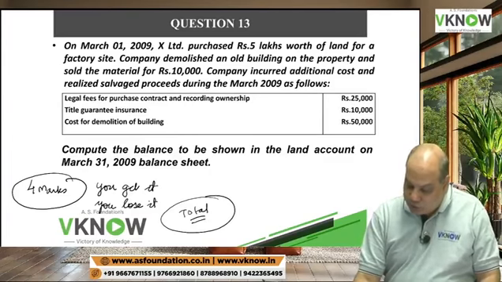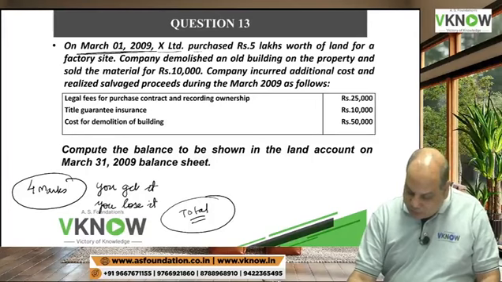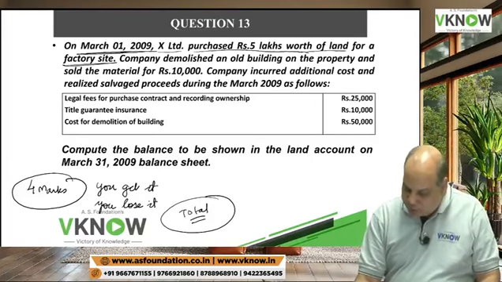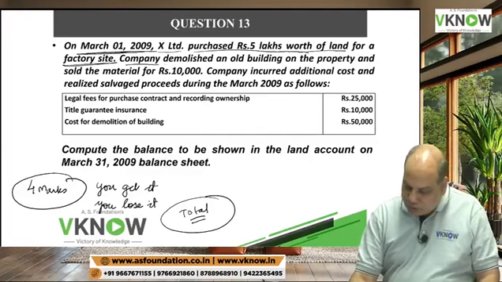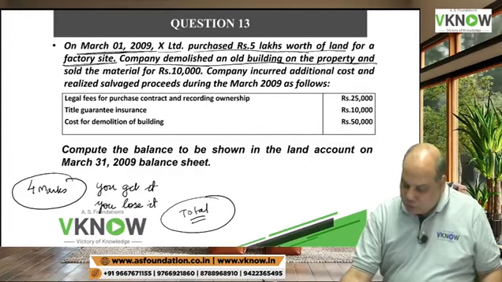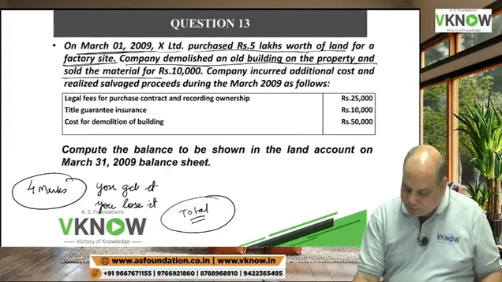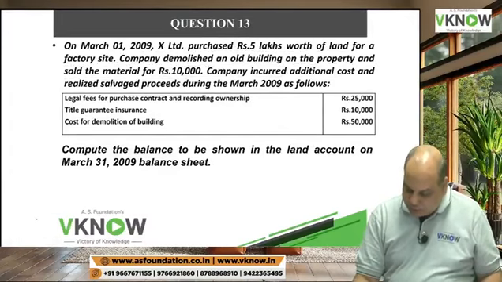On March 1, 2009, X Limited purchased rupees 5 lakh worth of land for a factory site. The company demolished an old building on the property and sold the material for rupees 10,000. So there is a site preparation cost.